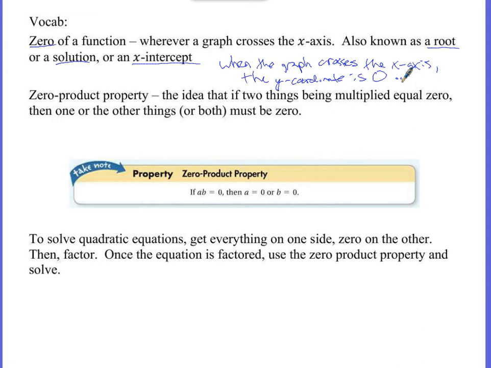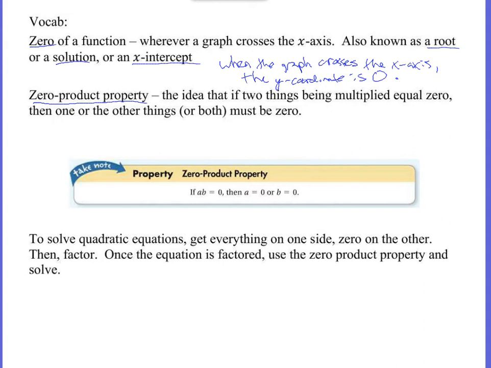Because then what's going to happen is your equation y equals some stuff, the y will turn into 0. And then you'll be able to factor and use the zero product property. The zero product property is that idea that we just talked about: if two things are being multiplied together and they equal 0, then one or the other, or both, must be 0.